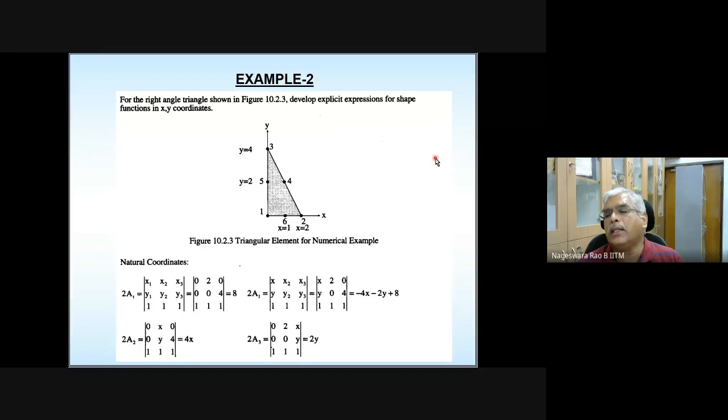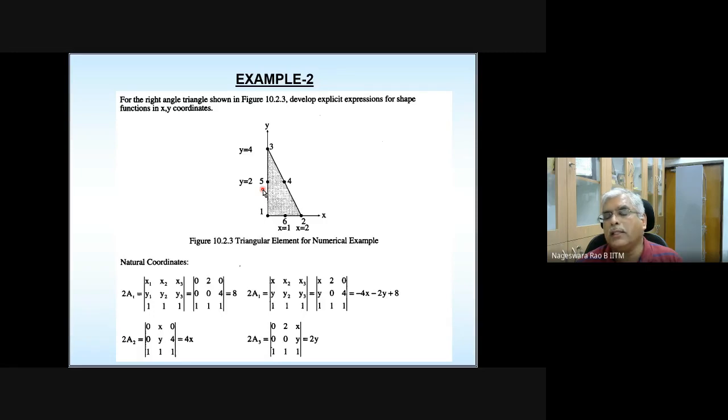except that in the parent triangular element, node 1 coordinates are going to be at 0, 0. Node 2 coordinate is going to be at 1, 0. You please make a note of it. And node 3 coordinate is going to be at 0, 1. And node 4, node 5, node 6 are going to be the midpoints of each of these sides.